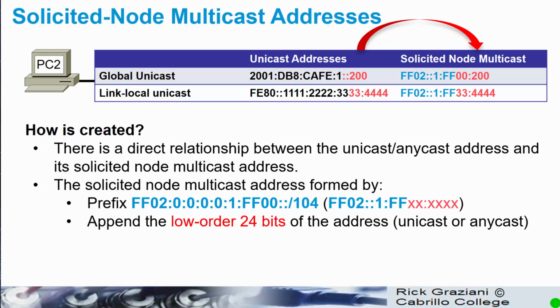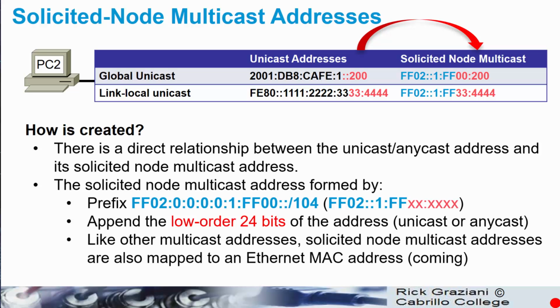The remaining 6 hextets is where we're going to be manipulating. Like all other multicast addresses, solicited node multicast addresses are also mapped to an Ethernet MAC address, and we're going to be talking about that.